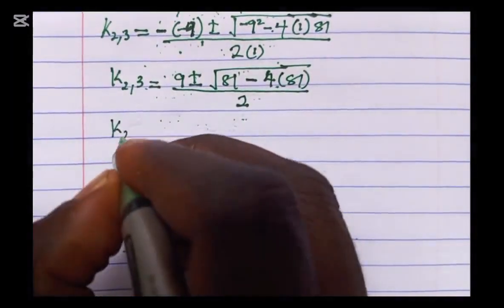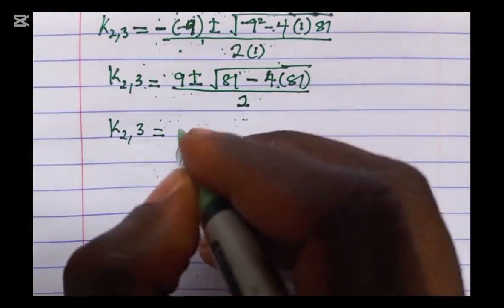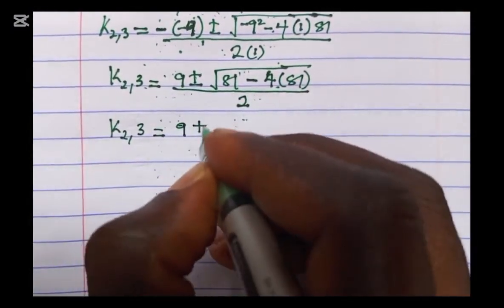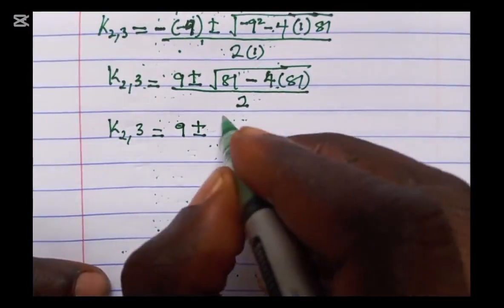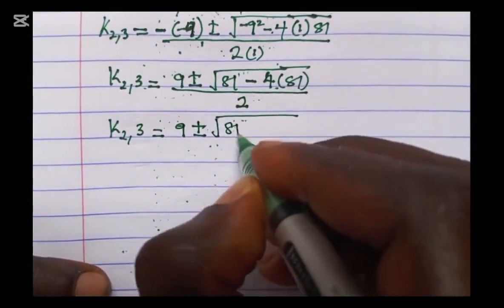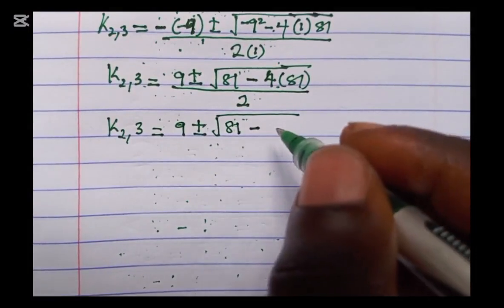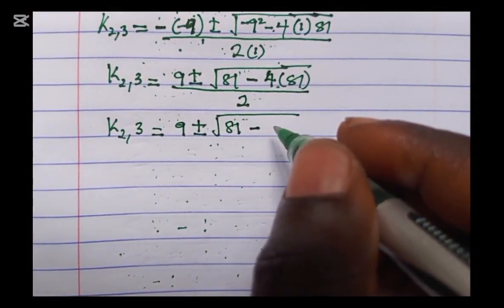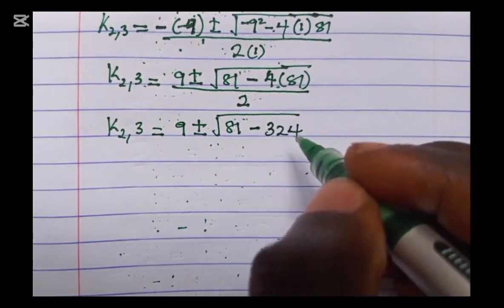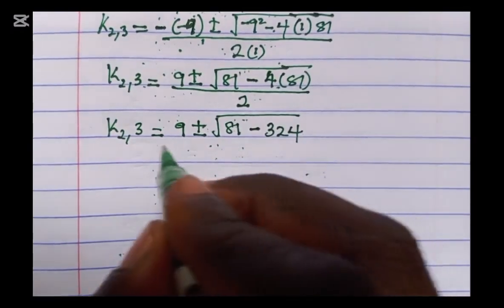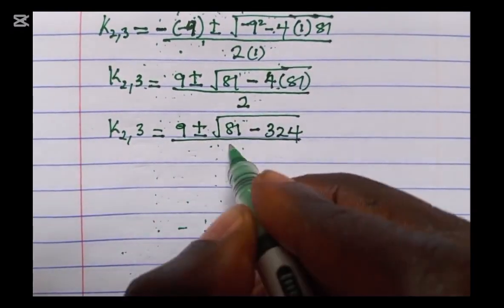We still have our k2, 3, which is equal to 9 plus or minus the square root of 81 minus, if you multiply 4 by 81, we have 324, all divided by 2.